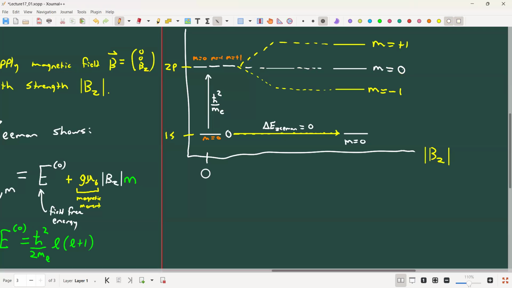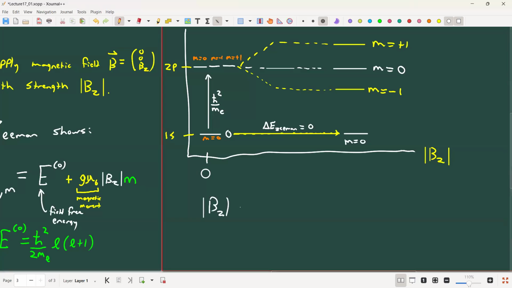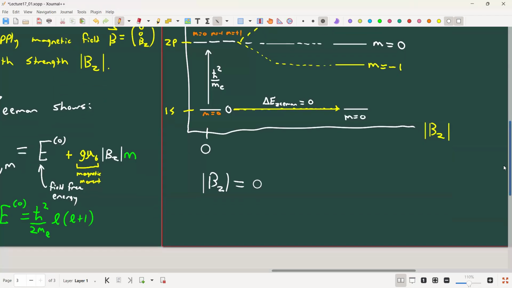So if we think about what the spectra look like for the absorptions when we turn the magnetic field on and off, if the magnetic field is 0, the only transition we see is from m equals 0 to one of those states, at intensity 3, roughly.